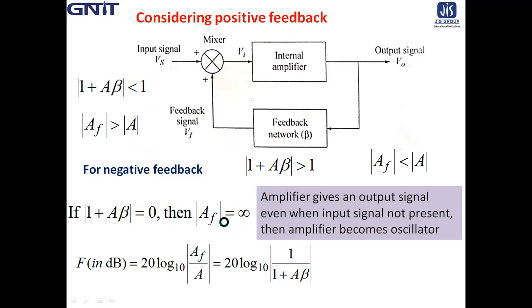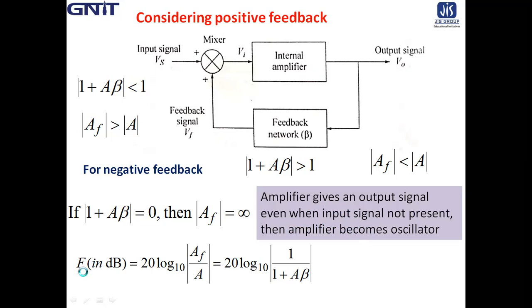Now what does this mean? It implies that the amplifier gives an output signal even when the input signal is not present. Then the amplifier becomes an oscillator. It is a very important, special type of criterion. I will discuss this matter later on.